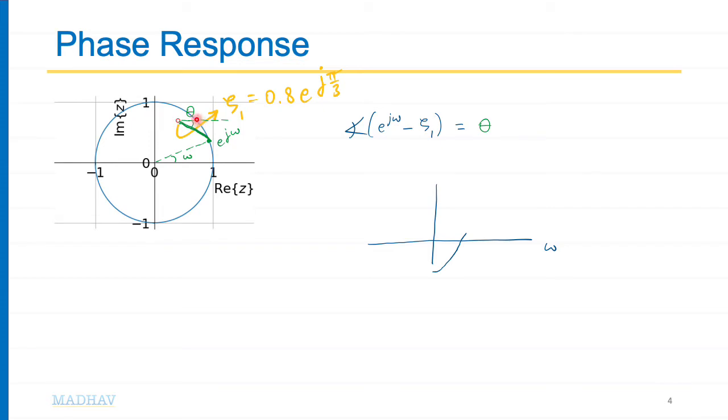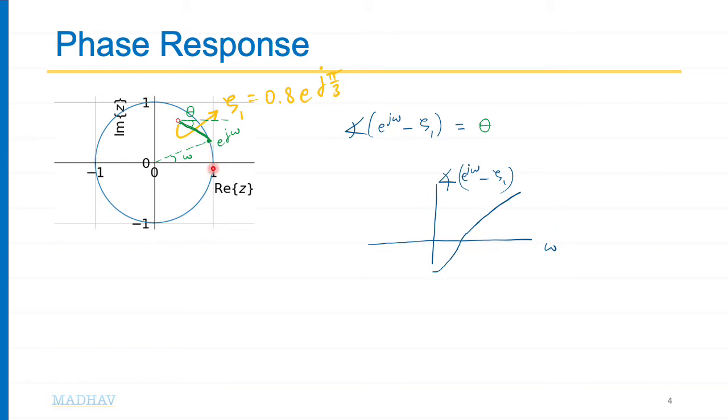Which means the sine of omega is equal to the sine of pi by 3, right? So it becomes 0 somewhere here, and then it is increasing, and until it reaches pi, it will be more, and it is symmetric.